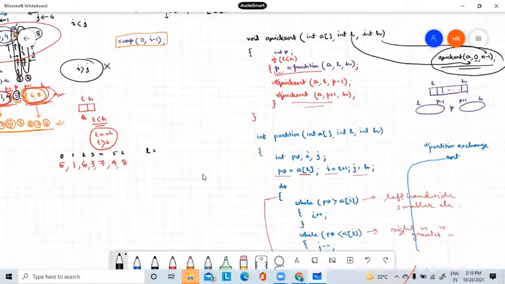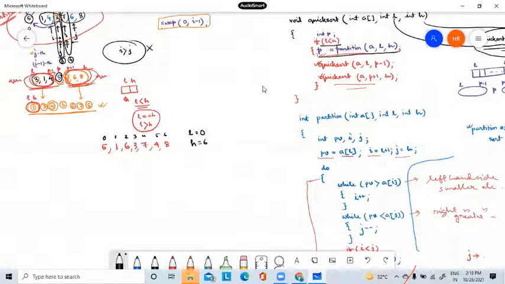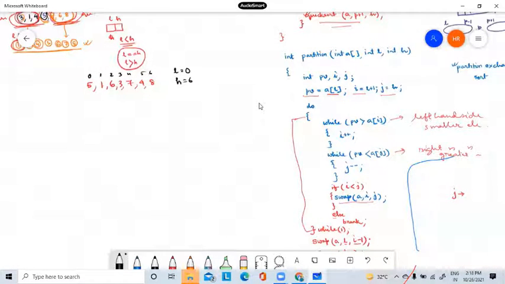So for this example, L is 0 and H is 6. Now it will check if L is less than H. Yes, L is less than H. Then it will move to the partition function. So I am also moving to the partition function. In the partition function, L and H have the same values, 0 and 6.